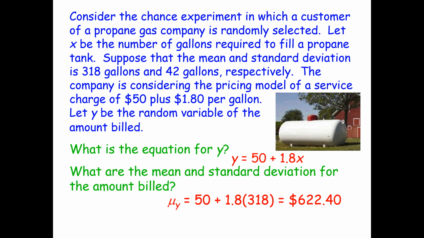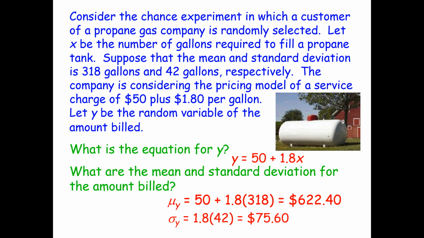Well, our mu sub y, or our mean, is 50 plus 1.8 times 318 gallons, which is $622.40. And our standard deviation is going to be 1.8 times 42, which is $75.60.